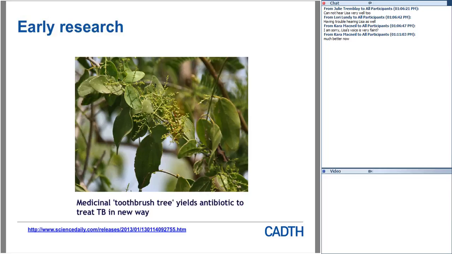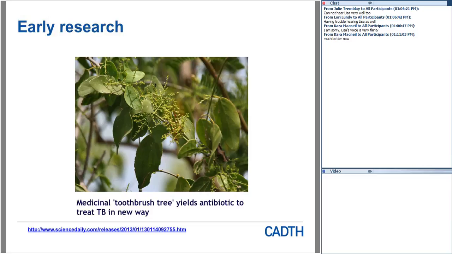This is some of the health research that was out there, and this is the early stuff. This is the misleading stuff. So there was a headline in a journal that said, this medicinal toothbrush tree yields an antibiotic to treat TB in a new way. Headlines are terribly misleading.